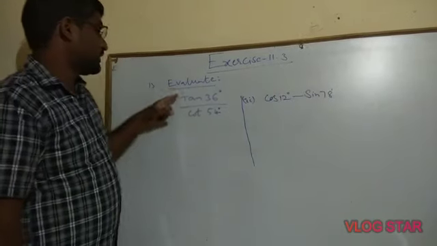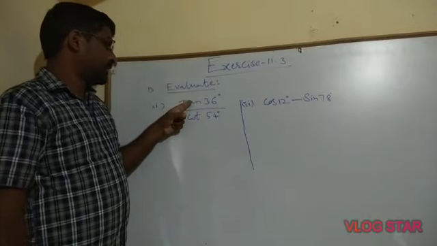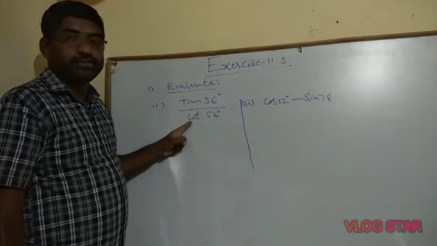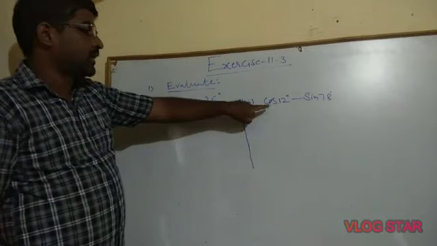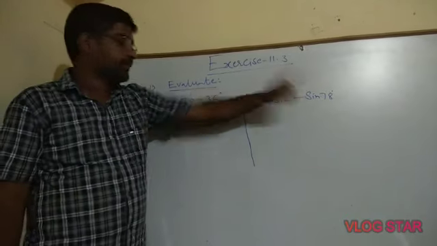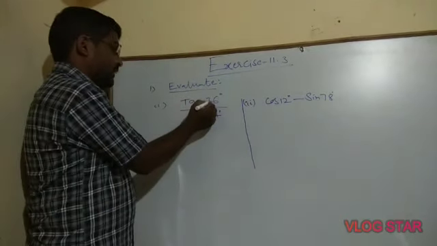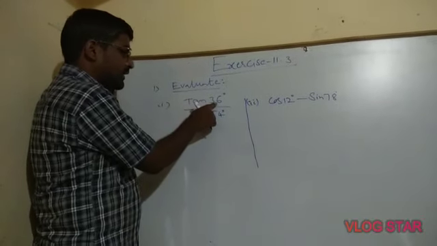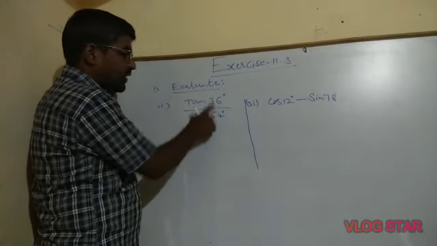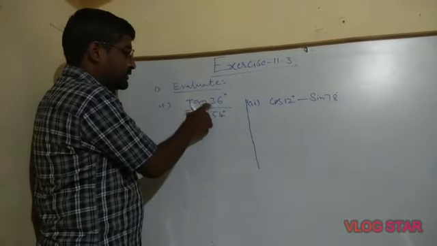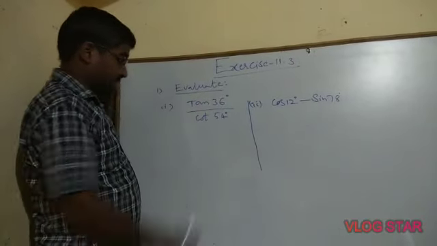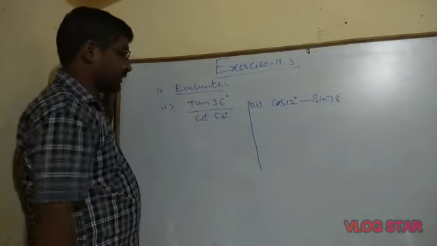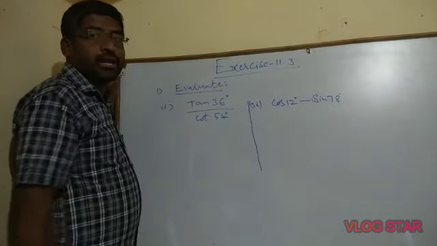We already know the relation between tan and cot, and the same way the relation between cos and sin. For this problem, we just have to change either 36 degrees or 54 degrees. Don't change both. Just change any one of them by using complementary angles.